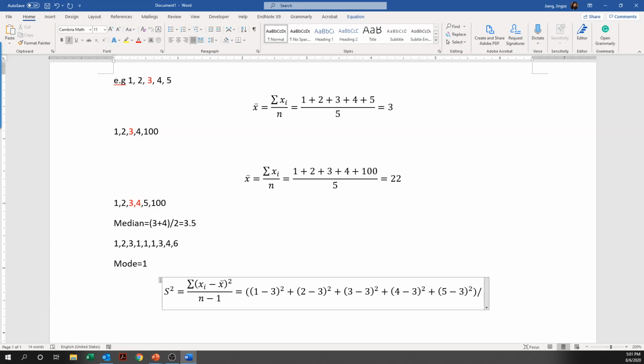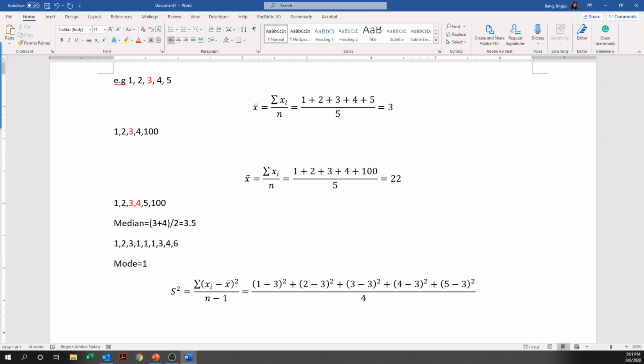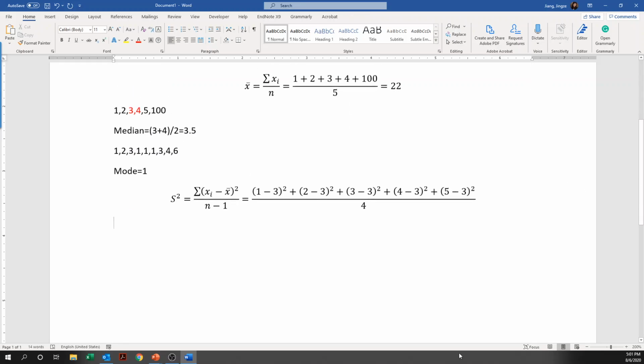All of this is divided by the sample size, 5 minus 1, which is 4. This is how we calculate the sample variance for this case.